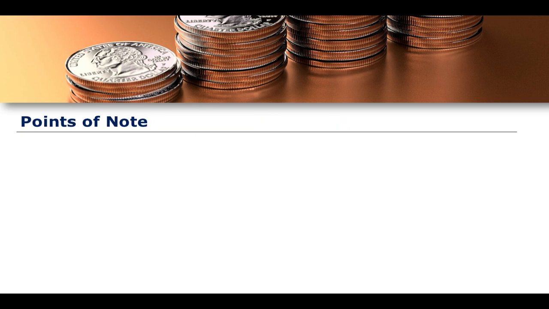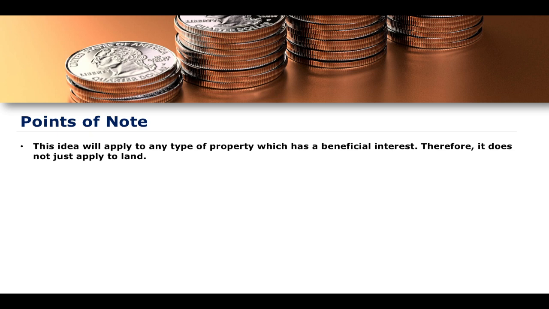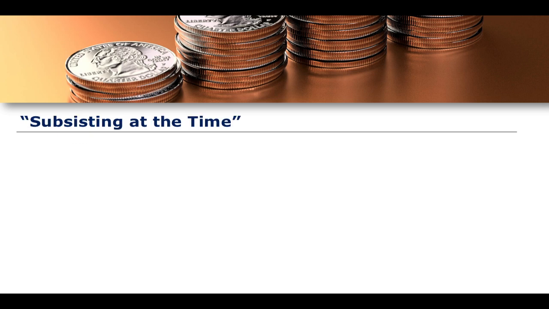Now, the point of note to take here is that this idea will actually apply to any type of property which has a beneficial interest. It doesn't necessarily just apply to land, and so when we look at some of the case law in this area, the facts of the case don't necessarily pertain to trusts created on the basis of land, but in fact are created for different properties, whether that be money, shares, etc. That's one point of note.